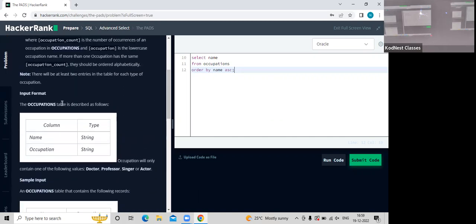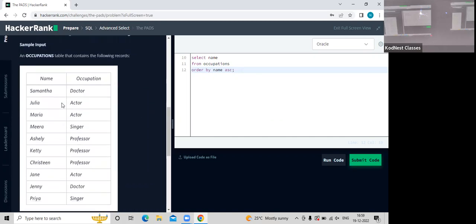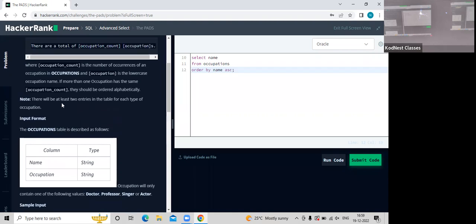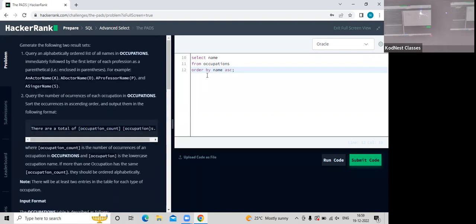So that is why what we will tell is, okay, we have told that. And what should be happening is, along with the name, this should be concatenated with the parenthesis, right?